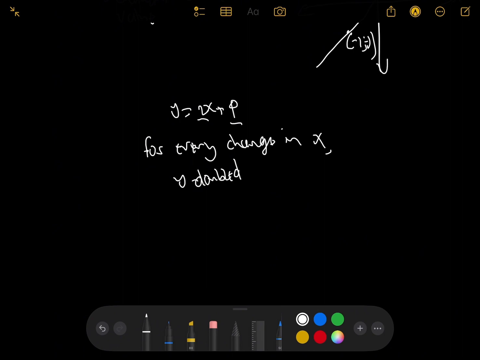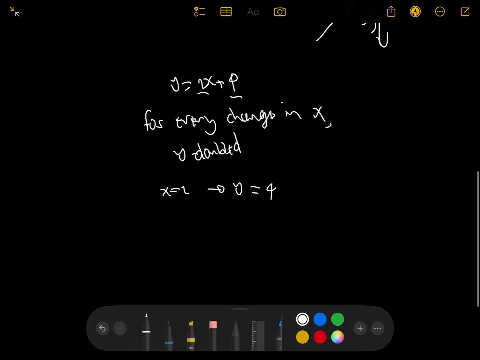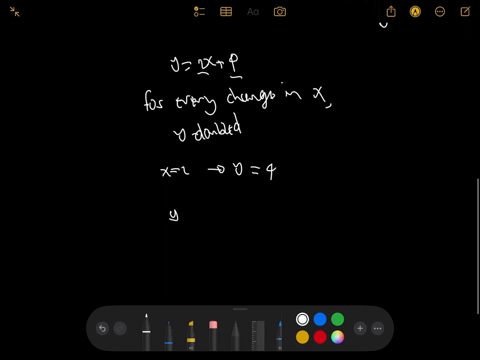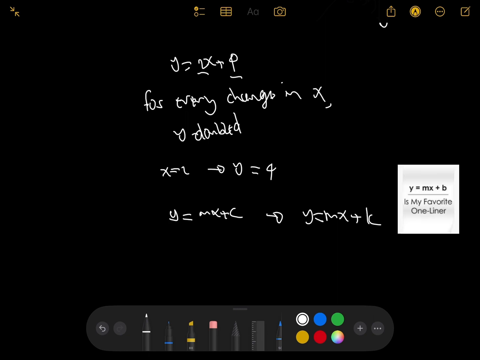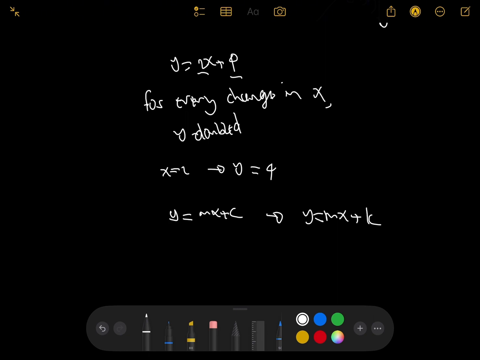This meant that if x is equal to 2, then y will be equal to 8. One thing to note was that we'd have many forms of the equation, and they'd ask us about the general equation. Standard was mx plus c, but sometimes we have y equals mx plus k, so c can be any value, it didn't matter what letter you had.